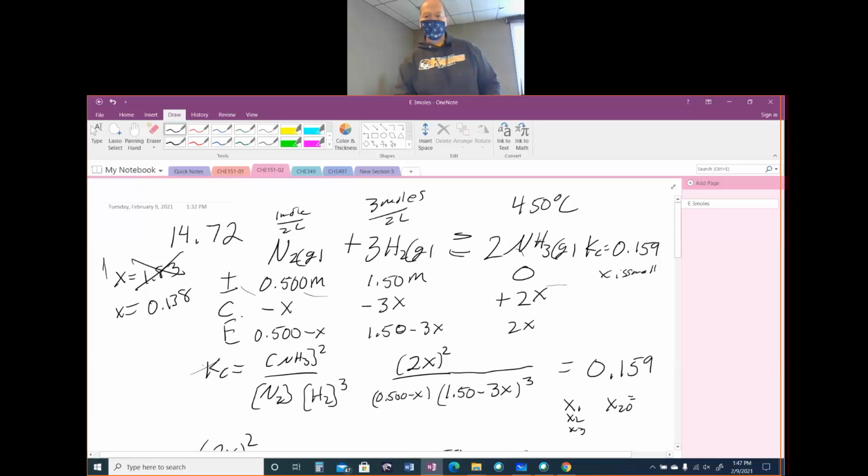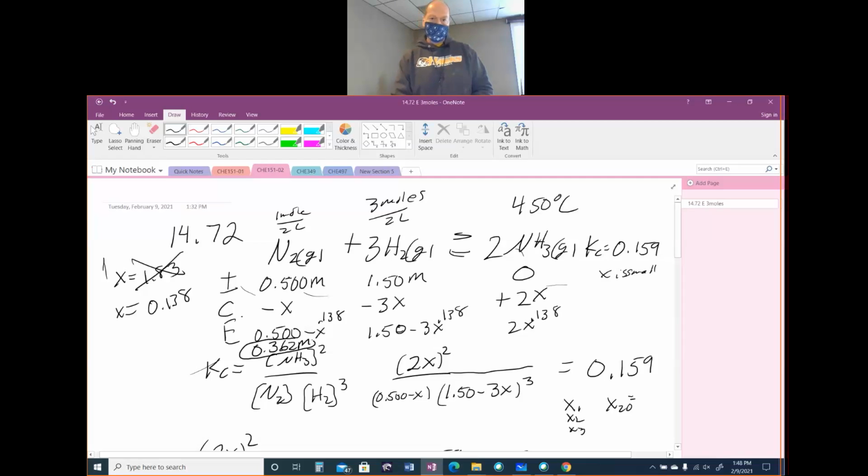And so you take your 0.5. So the question is, what are your equilibrium concentrations? All right, and so here we're going to put in our 0.138. Here we're going to put in our 0.138. And here we're going to put in our 0.138. And we will have our answers. So 0.362. So this is 0.362 molar.